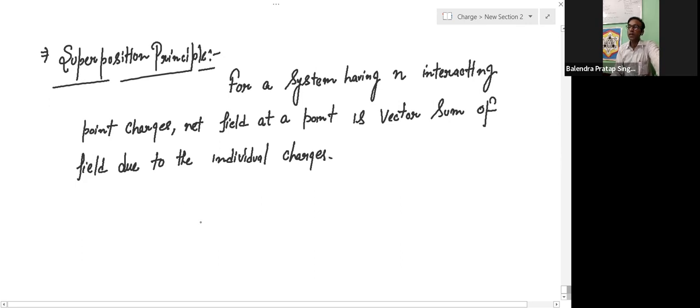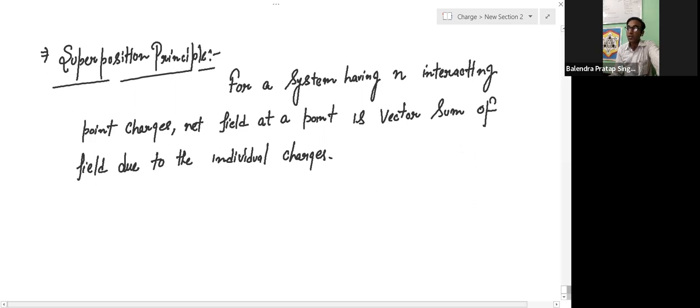Okay, so the statement is, for a system having n interacting point charges, the net field at a point is the vector sum of field due to the individual charges. First we will find the individual electric field due to individual charges, and after that we will vector sum all these electric fields.